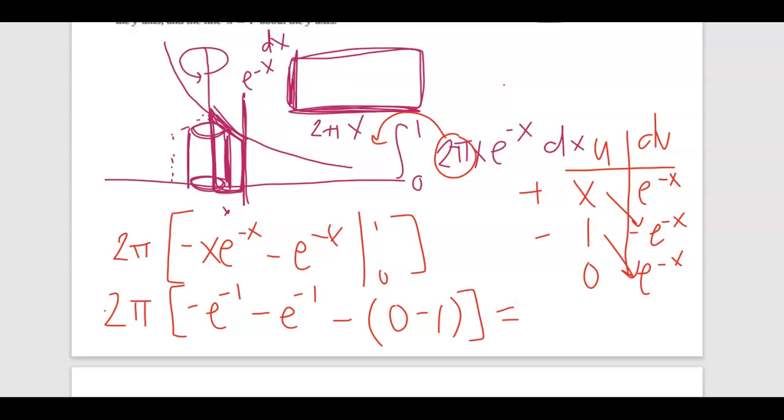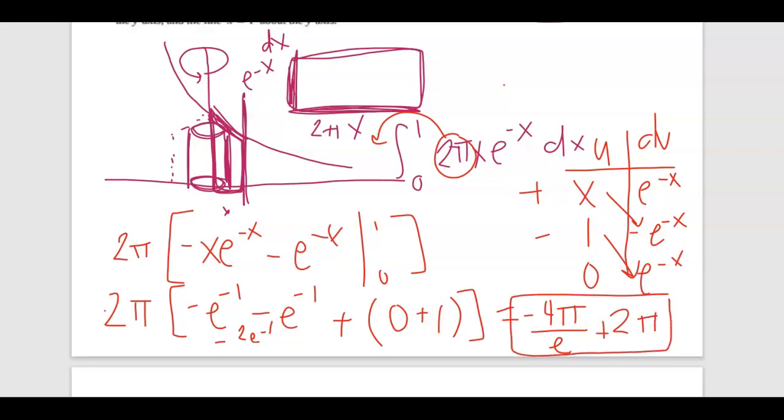So we end up getting, okay, negative 2e to the negative 1. I end up getting negative 4 pi over e. I'm going to go ahead and move that down. And then plus 2 pi. And that's going to end up being my final answer here.